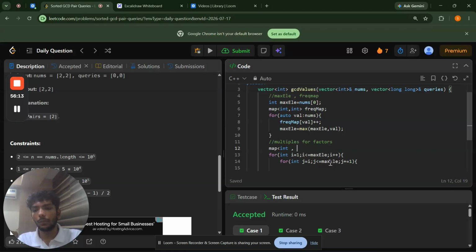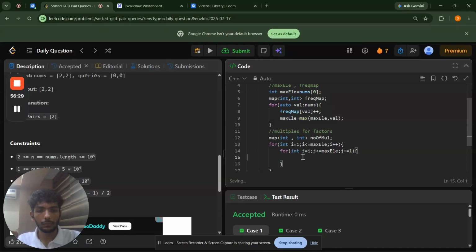We can keep a track that 50,000 numbers are multiples of 1, so it can be stored in an integer also. Number of multiples of i plus plus.